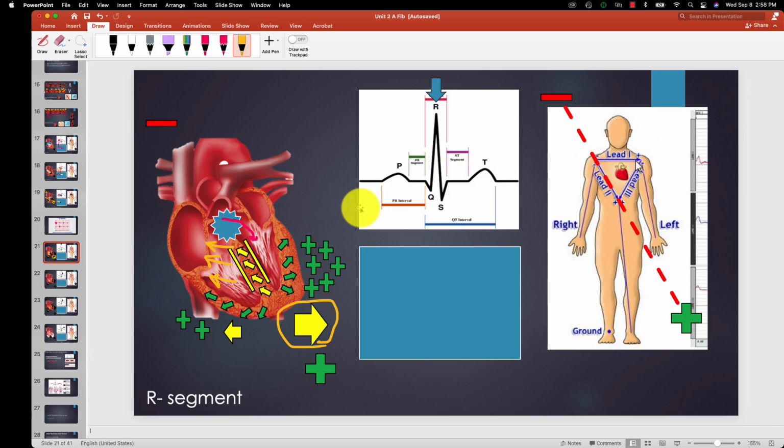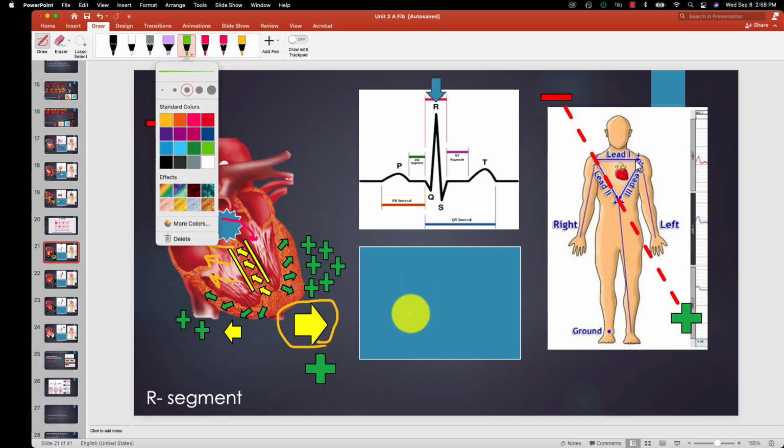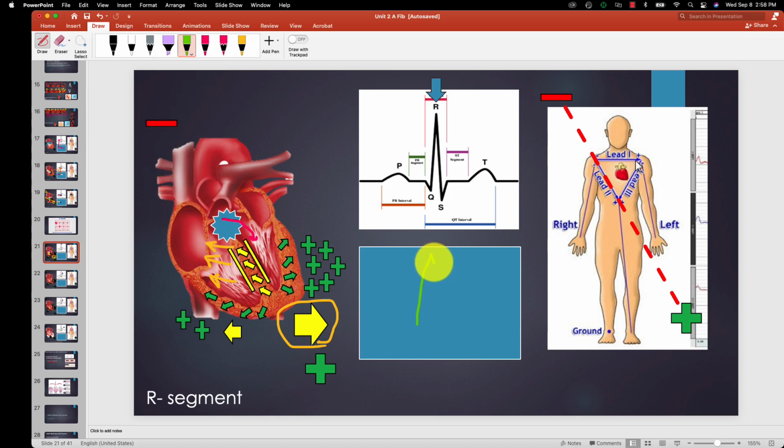Because this section here is depolarizing the Purkinje fibers. The Purkinje fibers are firing, and we have a massive contraction. So basically, since the majority of this signal is going this way, it's kind of favoring the positive charge, or the positive electrode. Now, once this fires and it contracts and it becomes positive, let's go green, we are going to get this massive spike here.